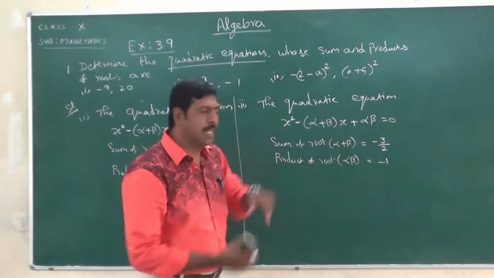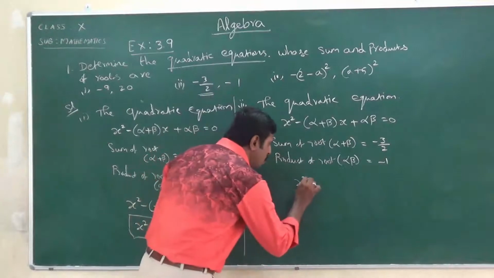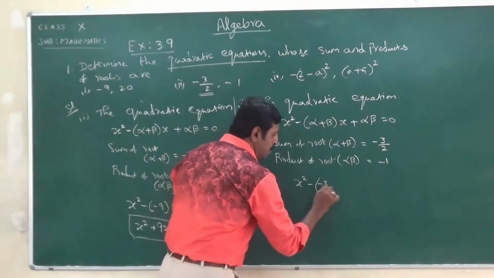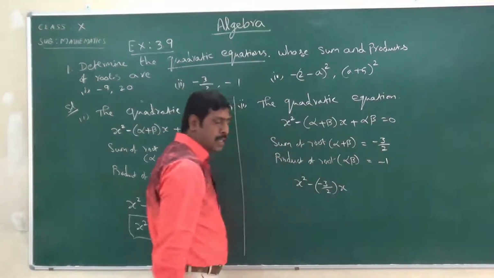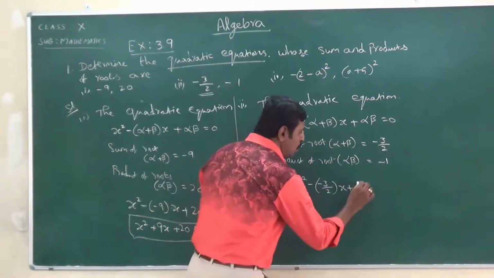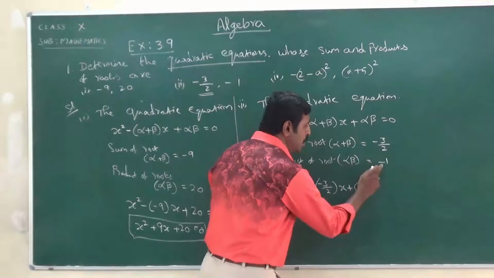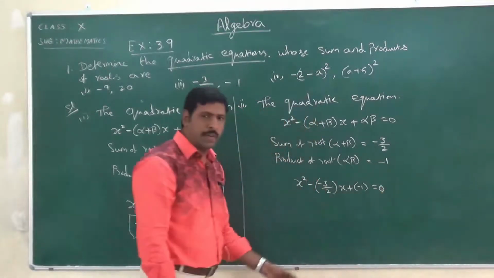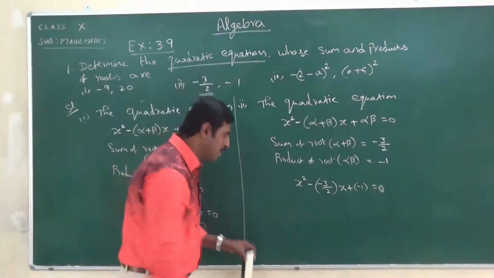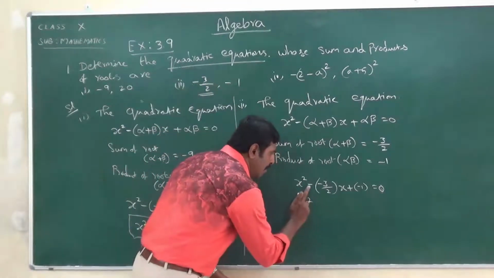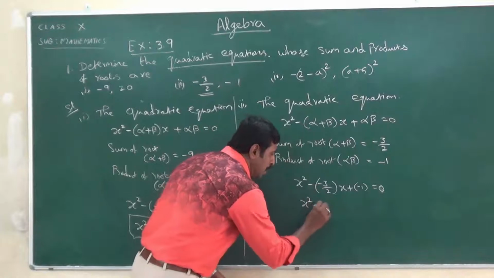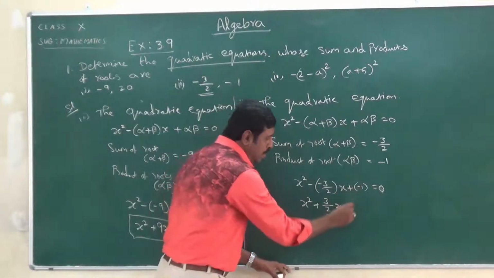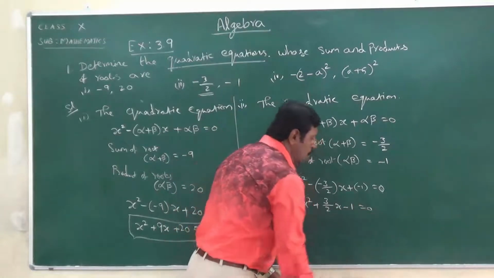Apply these values in this equation. We get x square minus (the sum of the roots, minus 3 by 2) into x plus (alpha and beta is minus 1). I use the bracket to write the negative value. Now we have to remove the brackets. We get x square, minus into minus plus 3 by 2 into x, plus into minus, minus 1 equal to 0.